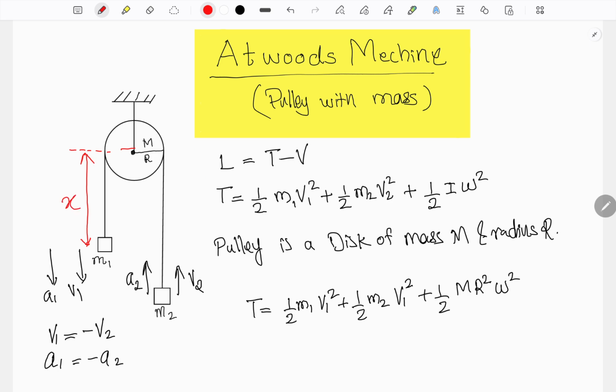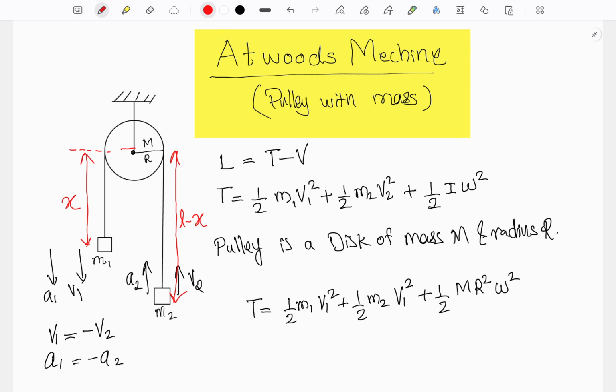Then the distance to the mass m2 will be L minus x. Okay, why is it L minus x? Because we know the length of the string is fixed. So if on one side it is x, the other side will be a constant minus x.